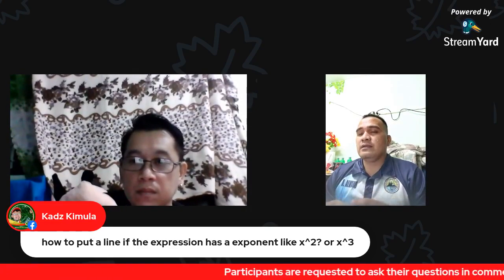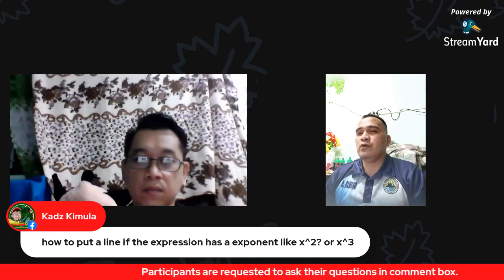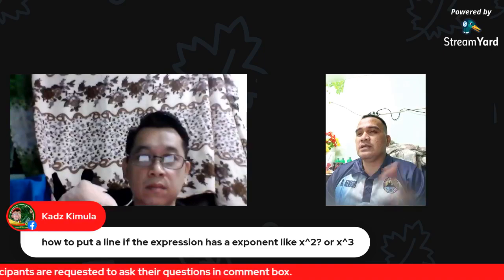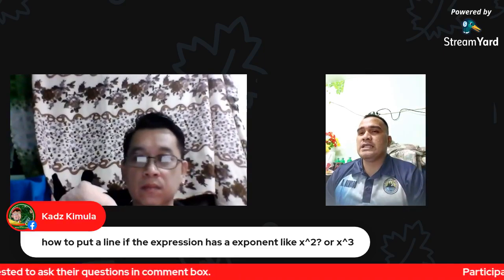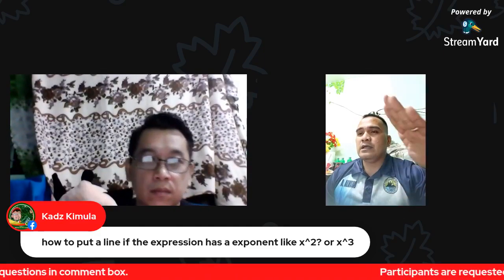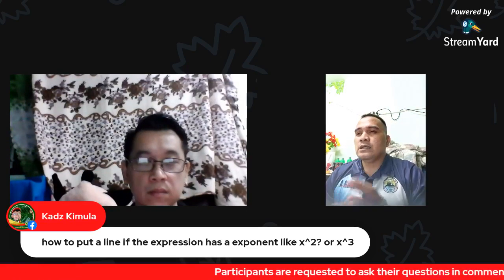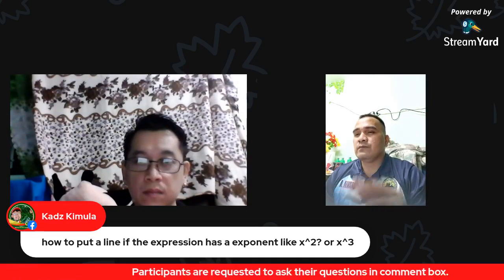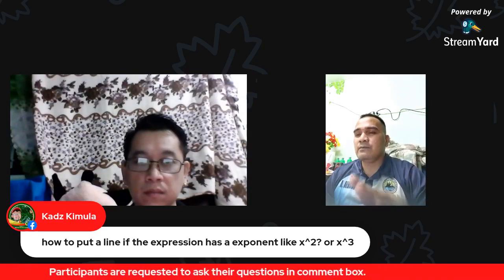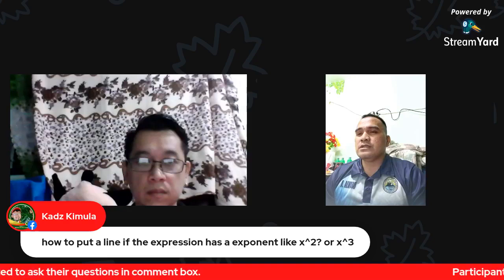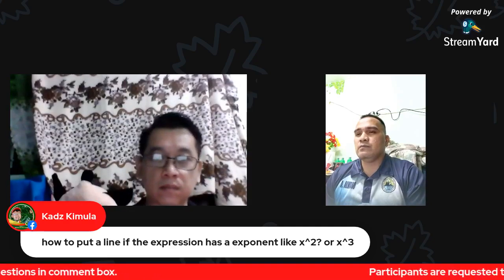So we put the line for x squared in the upper part, then for x put the gap and then another line, and for the constant put the gap again and then another line.